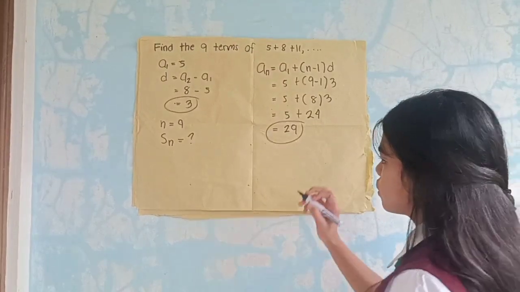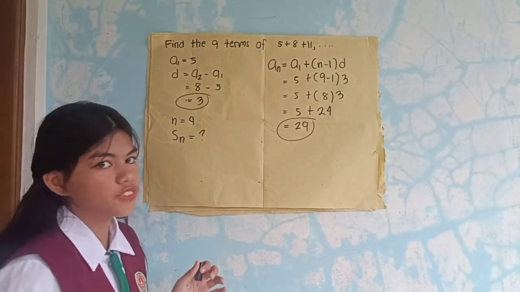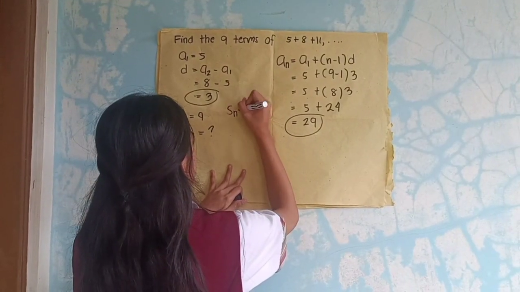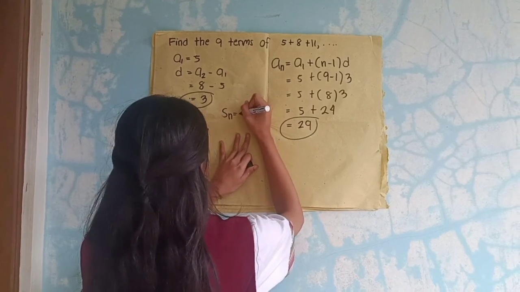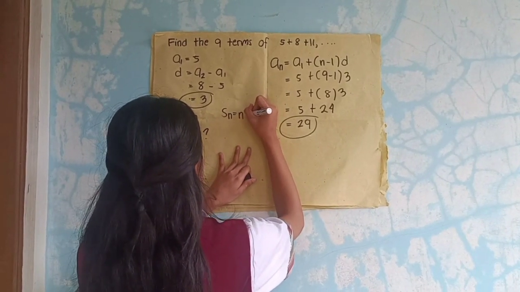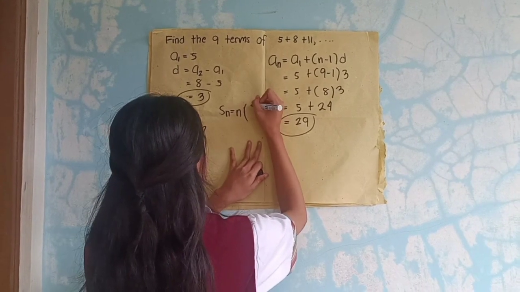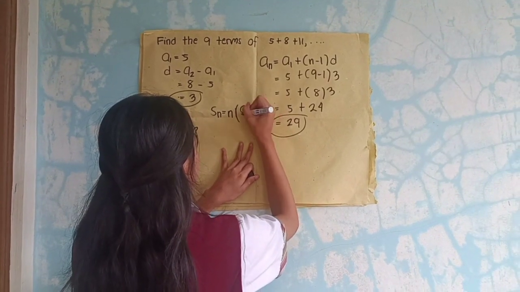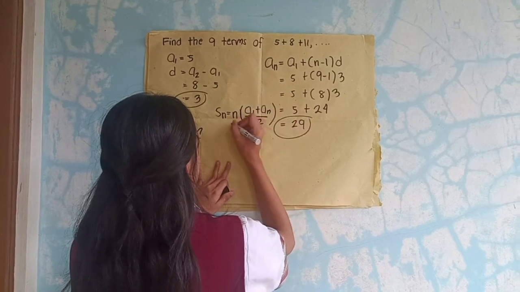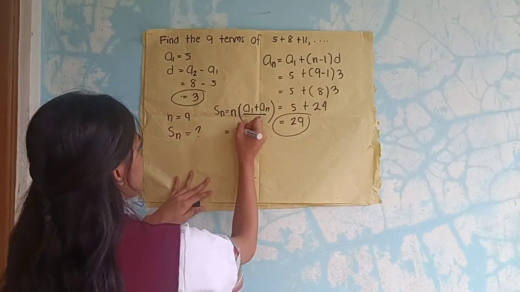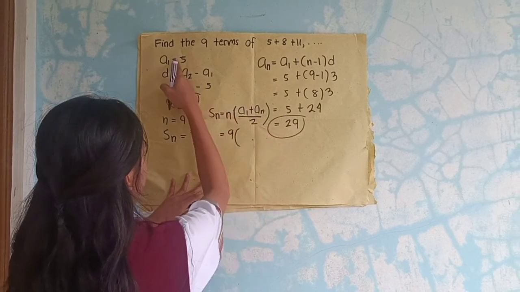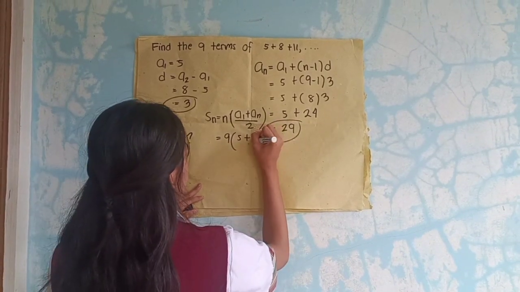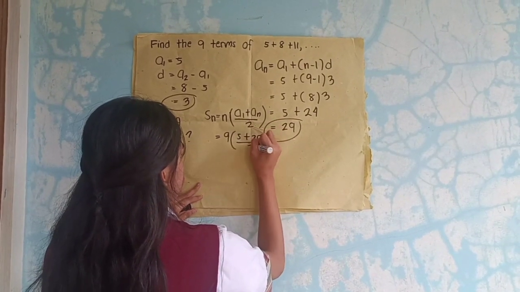So now, we will solve the S sub n. S sub n is equal to n times a sub 1 plus a sub n, divided by 2. Our n term is 9, times a sub 1, which is 5, plus our a sub n, which is 29, divided by 2.